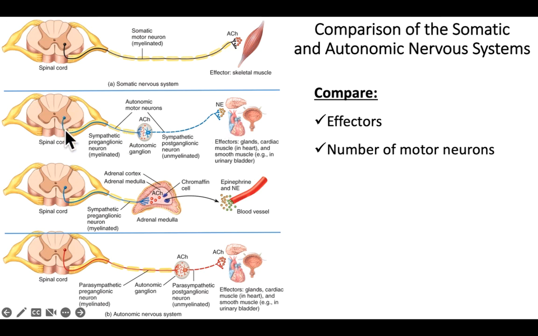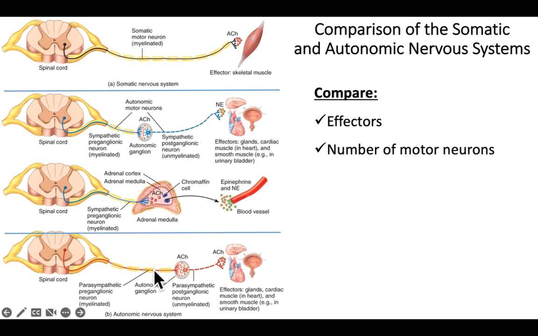The first one comes out of the CNS, uses that same ventral root, synapses with another neuron inside the ganglion. So there's the autonomic ganglion, where we have the preganglionic neuron releasing acetylcholine that stimulates the postganglionic neuron, which then is releasing norepinephrine. So that's a two neuron arrangement.